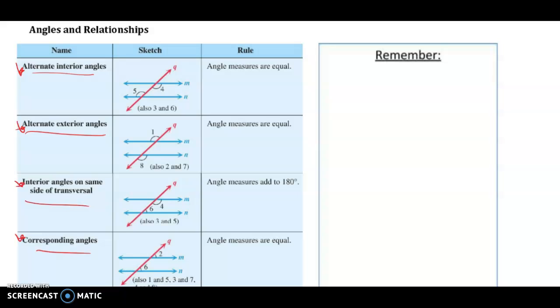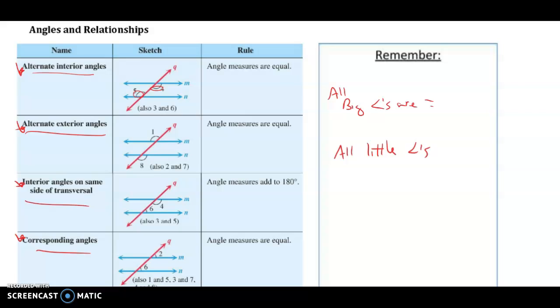I know a lot of you are probably fine with it because you've had it in geometry. But just know that you have similar big angles and similar little angles. Every big angle is equal to every other big angle, and all little angles are equal to each other when you have this setup.